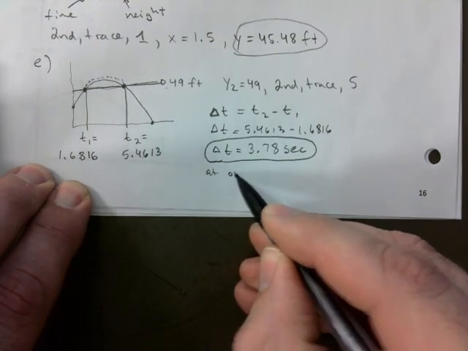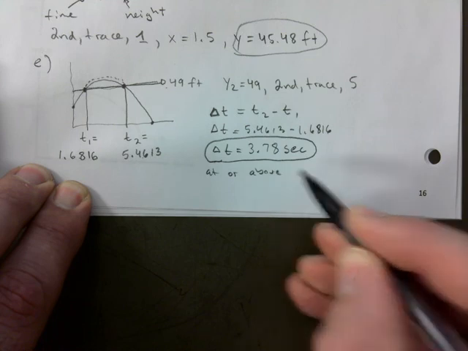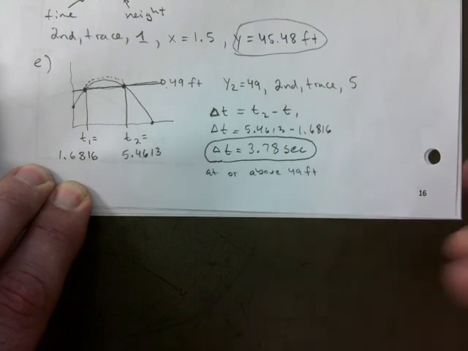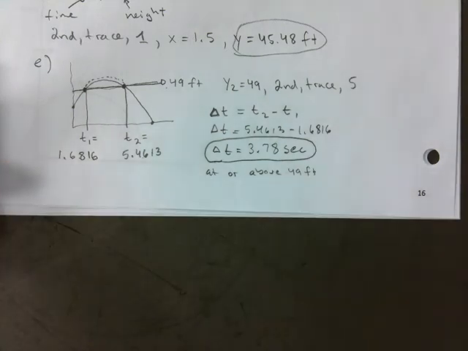At or above 49 feet. And that height could differ. It could actually ask you how long did it spend below 49 feet. What would you do there? How much time went by in total?